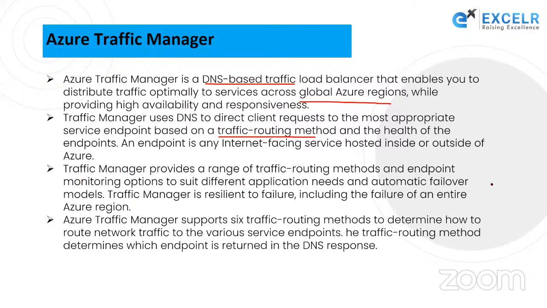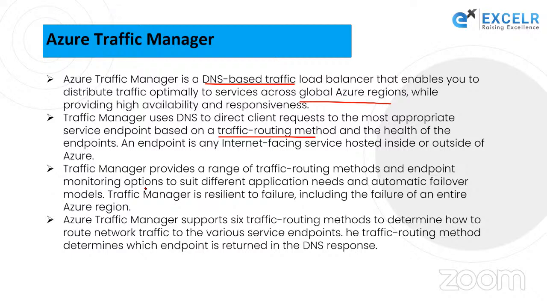Then traffic manager can route the traffic based upon different methods. We will see those methods, which will help you to use this kind of traffic routing based upon various scenarios. It can be based upon the location of the user. It can be based upon some kind of weight attached to the method of sending the traffic.